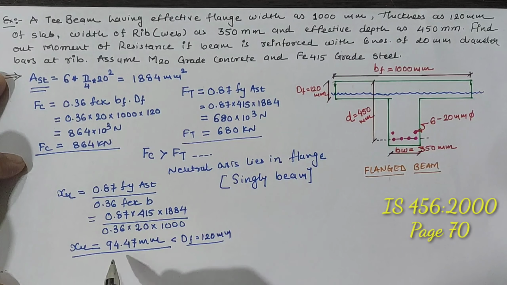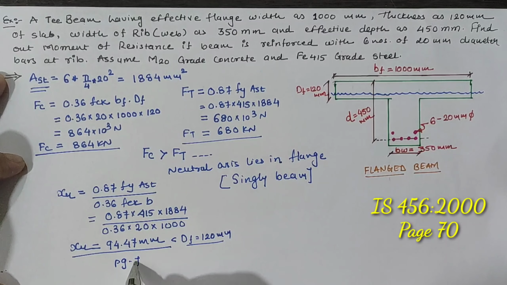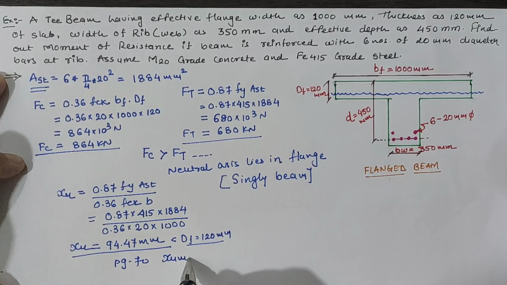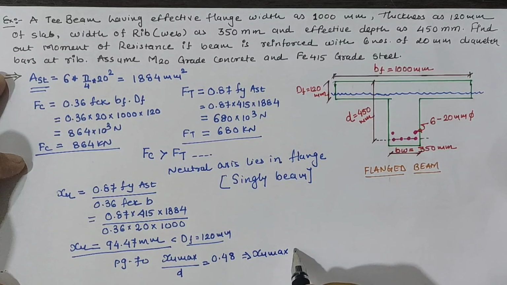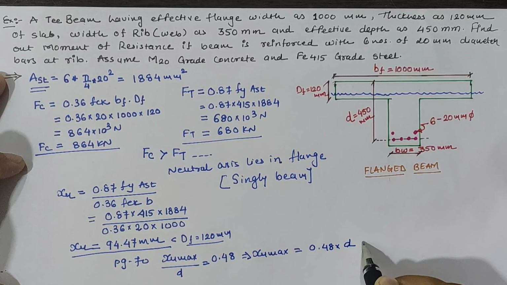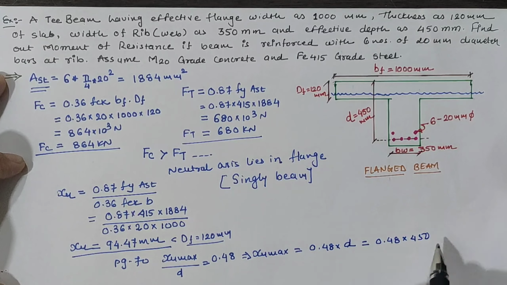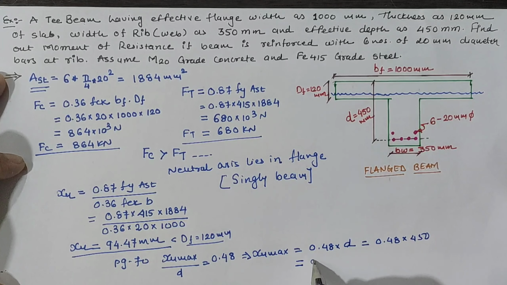Now from page number 70 we have XU max value for Fe415 as 0.48. So our XU max value is equal to 0.48 into small d, which is equal to 216 mm.